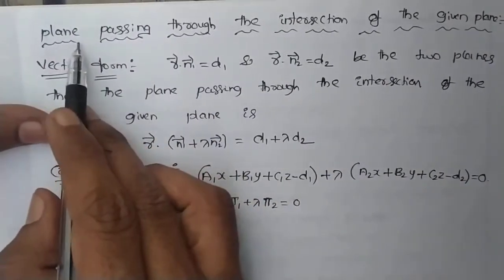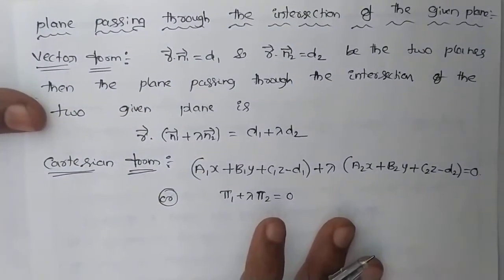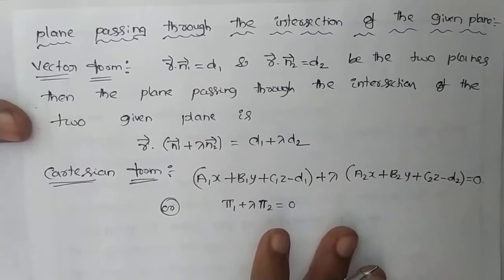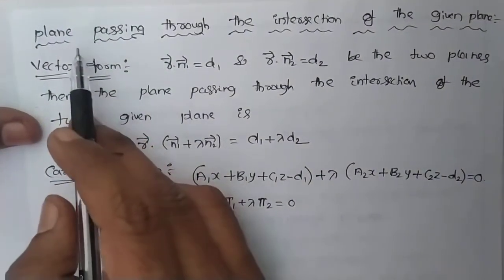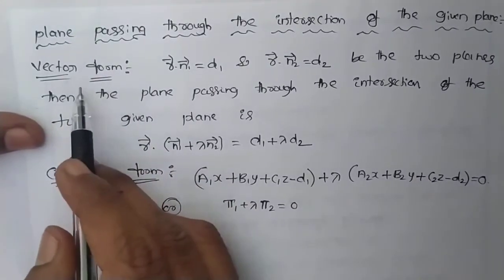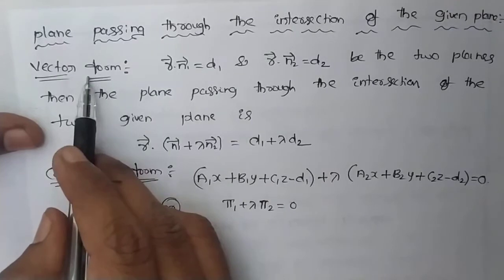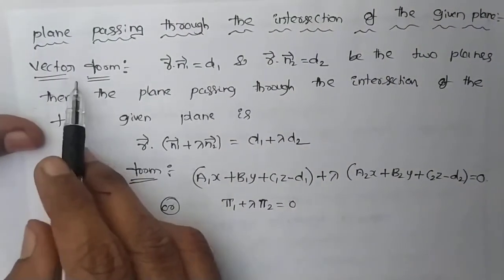This derivation is not that important for your examination, so I am not deriving it. If you want, you can refer to the NCERT textbook. You just write down the vector and Cartesian form of this derivation.